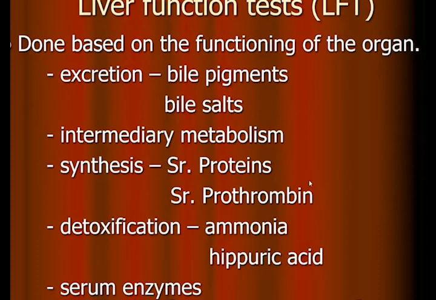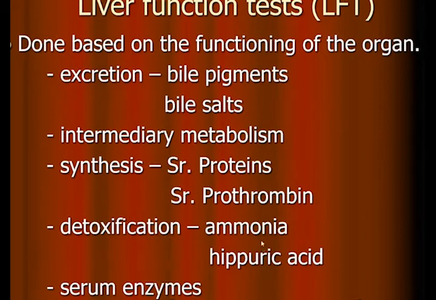Suppose you are removing teeth from the patient, the bleeding should stop. For this, prothrombin is very, very important. If the prothrombin is not normal, you cannot do teeth extraction. So, synthesis of protein and prothrombin.